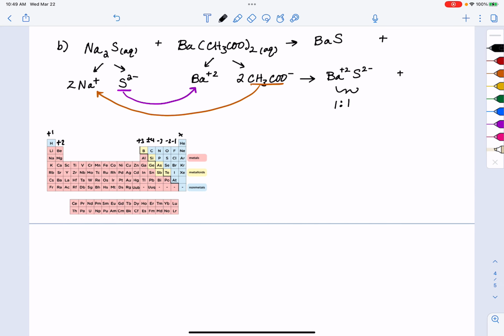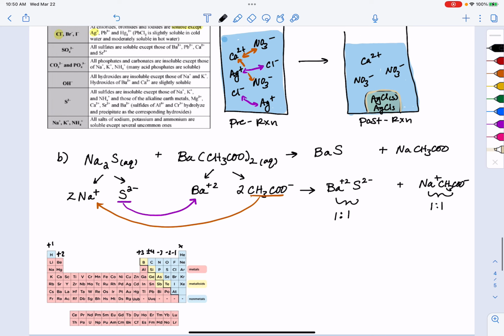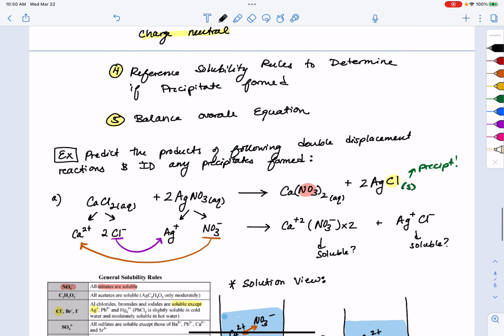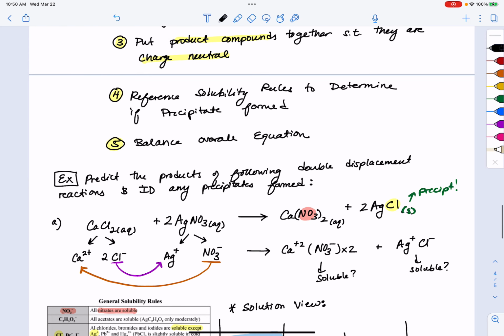And then I've got sodium, which has a +1 charge, and acetate, which has a -1 charge. So these are also going to couple in a 1:1 ratio. Okay, so I've made my charge neutral products. So that was step 3. Put your product compounds together such that they are charge neutral.